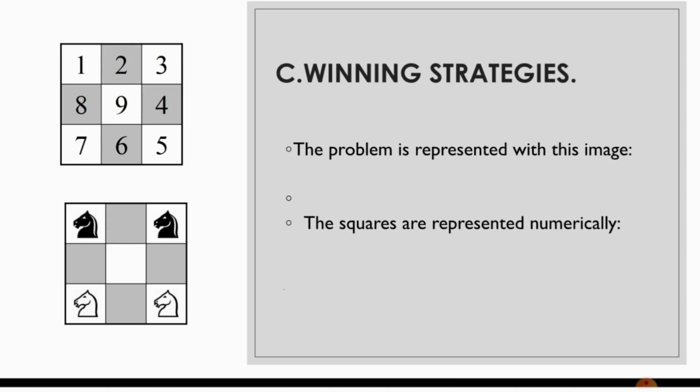Winning strategies. The problem is represented with this image. In the lower image we can see the 2 black horses and the 2 white horses, and in the first image we can see that the squares are represented with numbers.